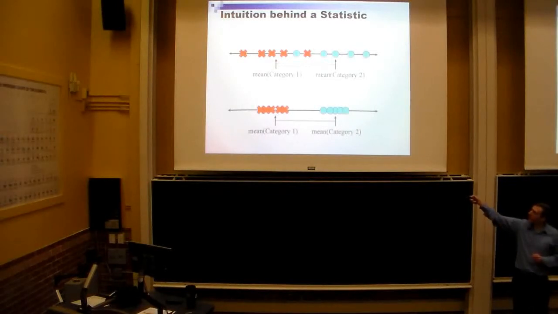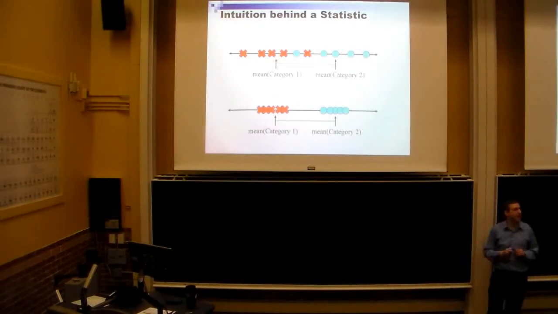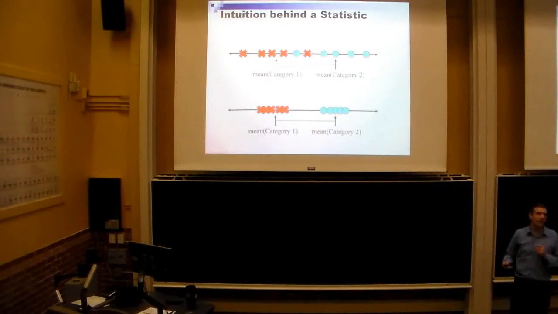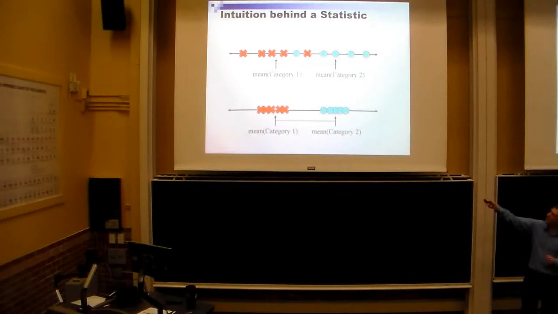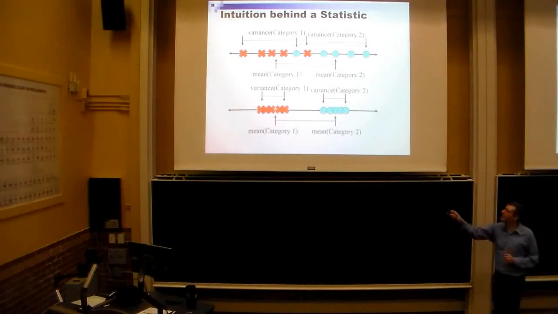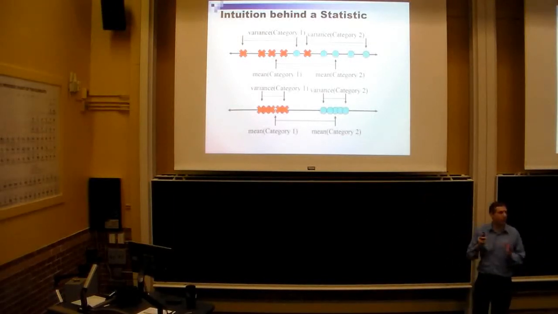Whereas if we have a tightly packed set of values for each of these distributions, then we don't need to see such a large difference between the means to say robustly that we have a difference that is significant in rejecting the null hypothesis. So in some sense, what we want to consider is the mean relative to the variance: the difference between the means of the categories relative to the variances, or spreads, within the categories.